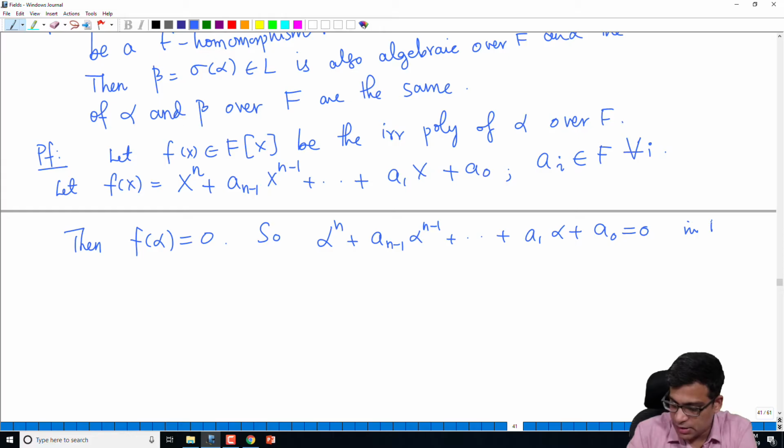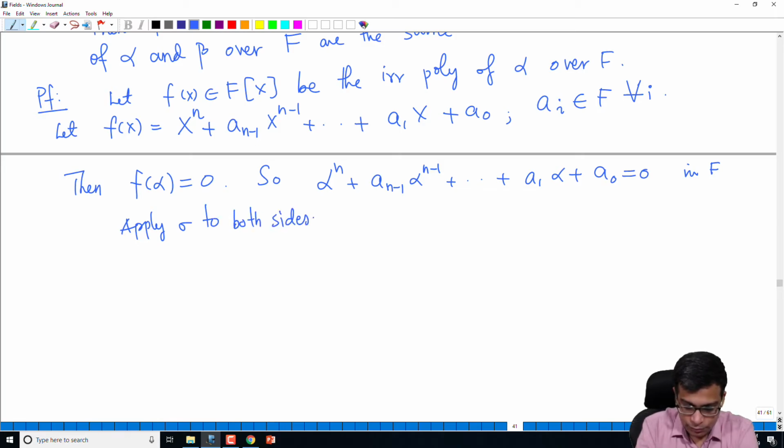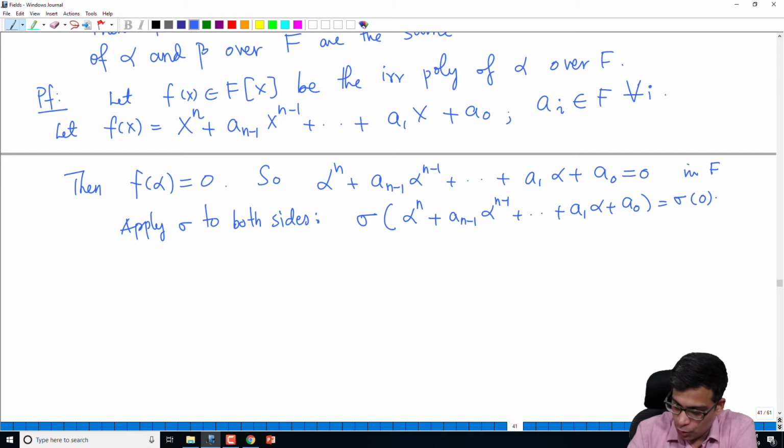So this is an equality in capital F. Now we'll apply sigma to both sides. If we apply sigma to both sides, what do we get? Sigma of (alpha^n plus a_{n-1} alpha^{n-1} plus dot dot dot plus a_1 alpha plus a_0) is sigma of 0. Sigma being a field homomorphism, which is a ring homomorphism, sends 0 to 0.